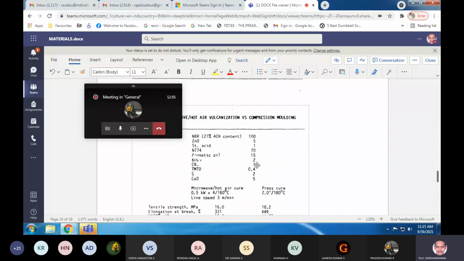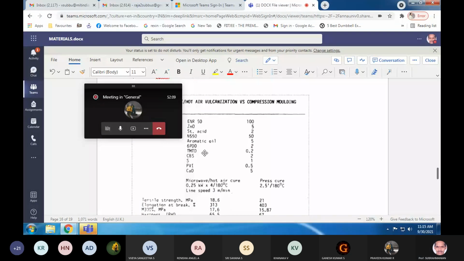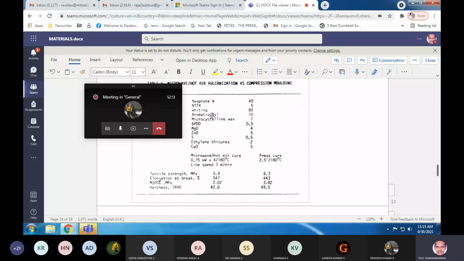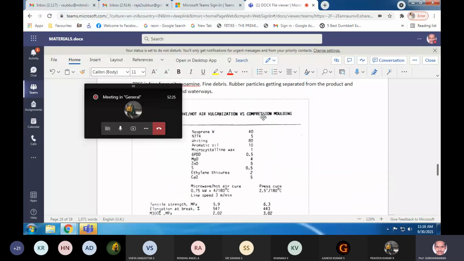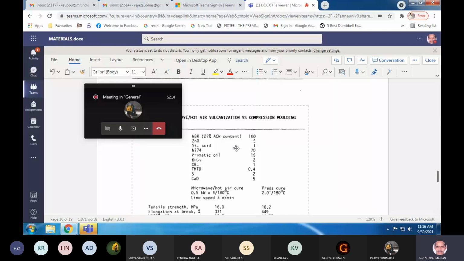Filler is SRF N774, right? N774 in neoprene also, but there the quantity is just 5 parts, just to make the compound grayish, not for any filler. So filler in chloroprene is a whiting only, whereas in NBR, what is the filler? Filler is the SRF.